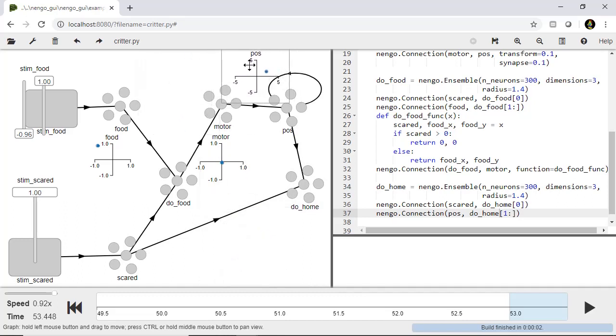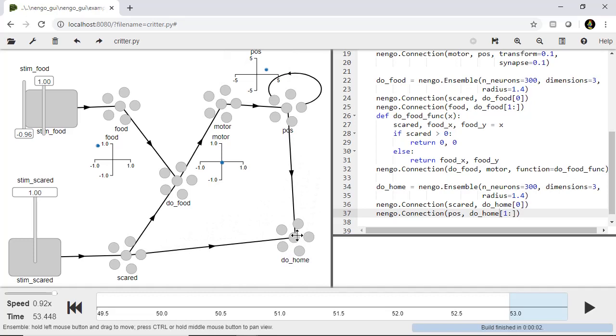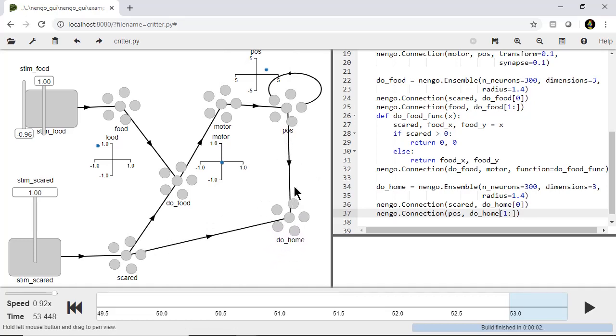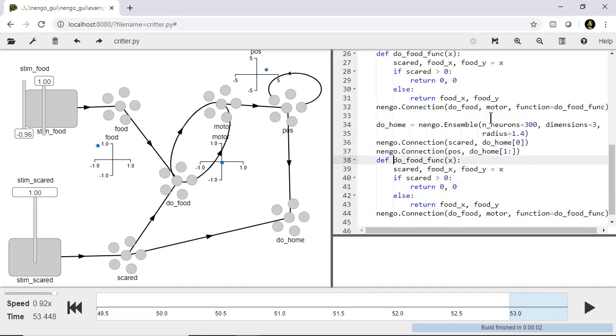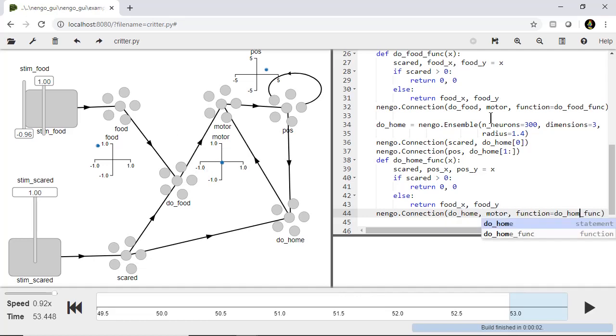Put you, I don't know, up here. We've got this do home thing. All right, so that's got all the information from position and scared going into it. We're again going to do something very similar to this, but it'll be a different function. We'll call this the do home function now. And it's not got food X and food Y, it's got position X and position Y. And do home, do motor, do home function.